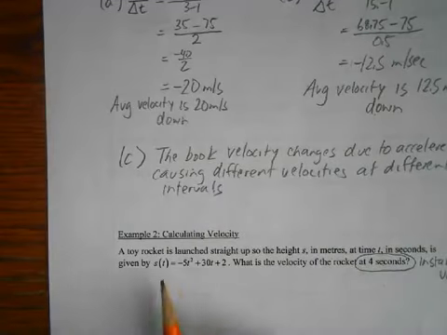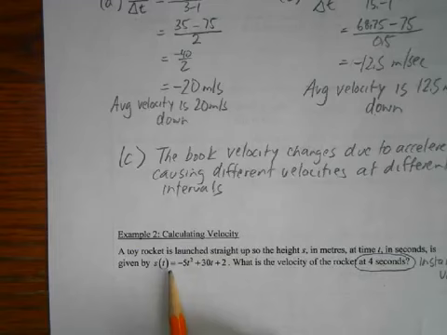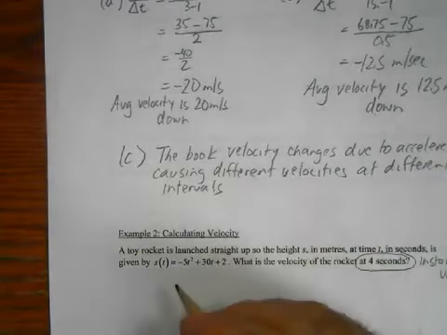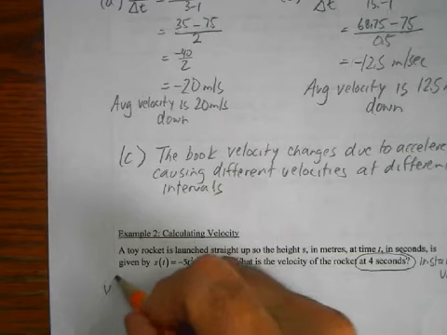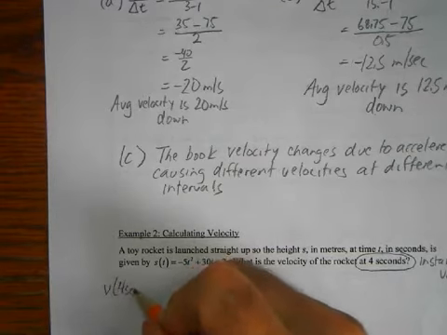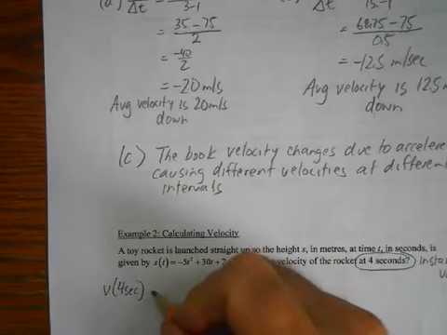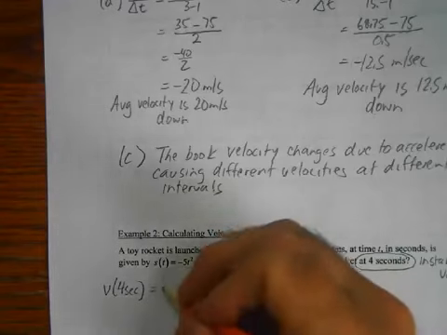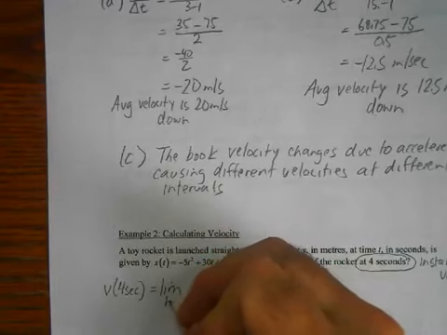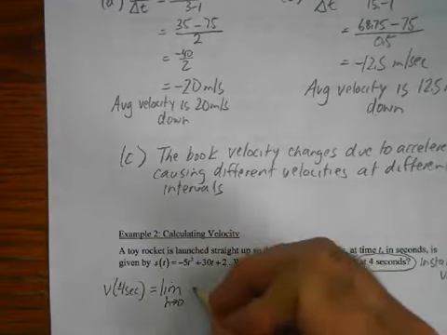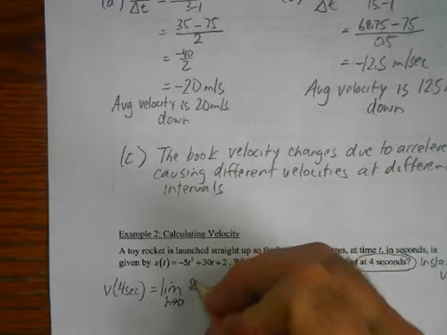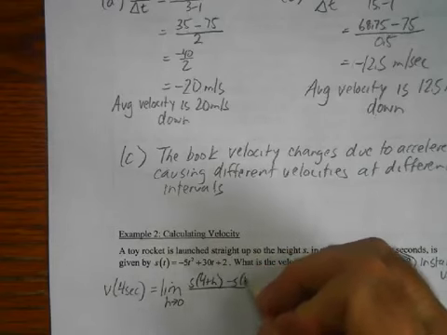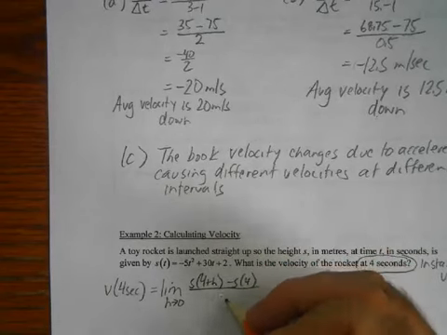Okay, so we're actually going to do the change in the speed. I'm going to call the speed that we're measuring, the velocity at 4 seconds, v at 4. That's going to be equal to, and you'll see this looks very familiar from last lesson, the limit as h approaches 0 of s of 4 plus h minus s of 4 over h.